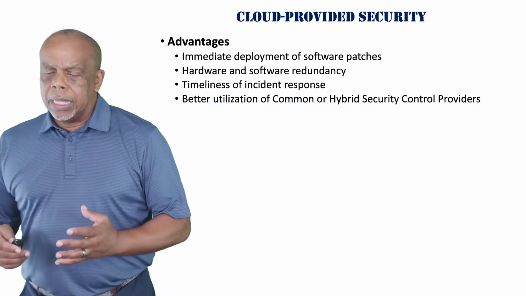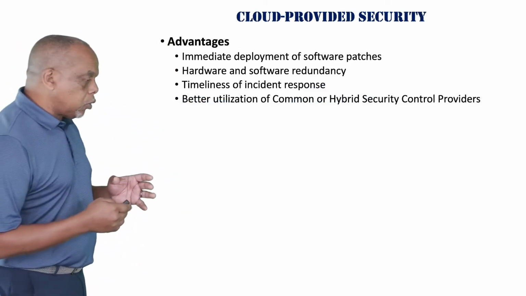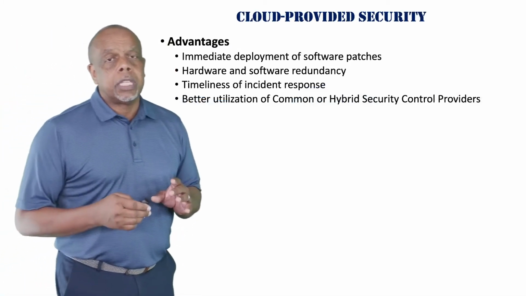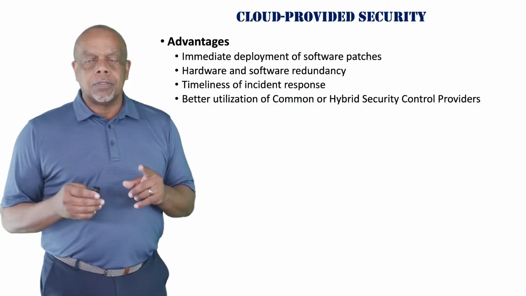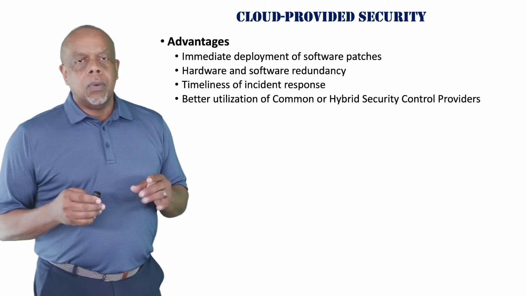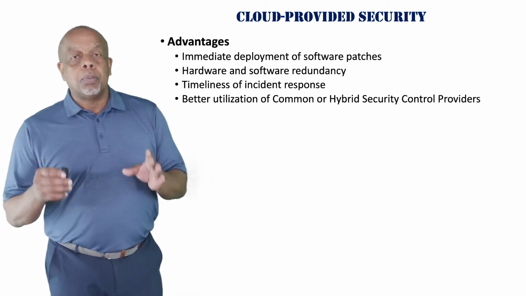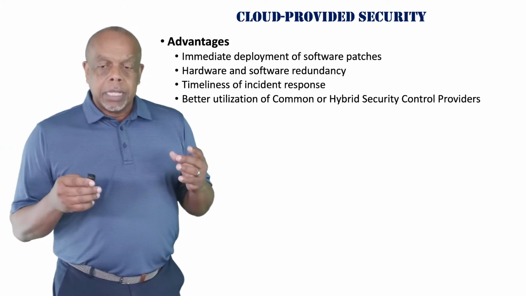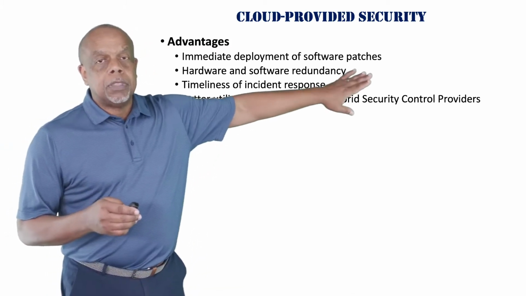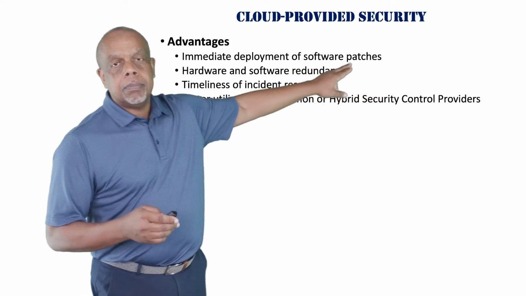So when we look at cloud now from a business model perspective, here's some things you always want to think about. From a security perspective, what are some of the advantages of cloud security? One, immediate deployment of software patches. If you've ever worked in a security environment, in an IT environment, this is a full-time job.